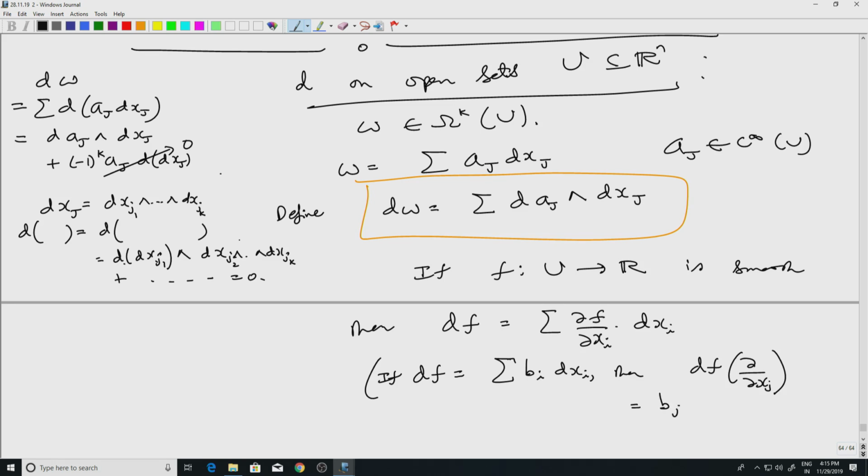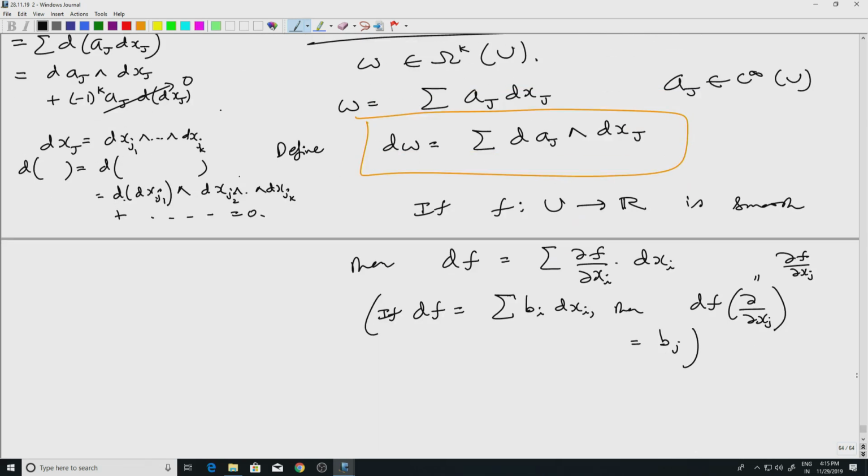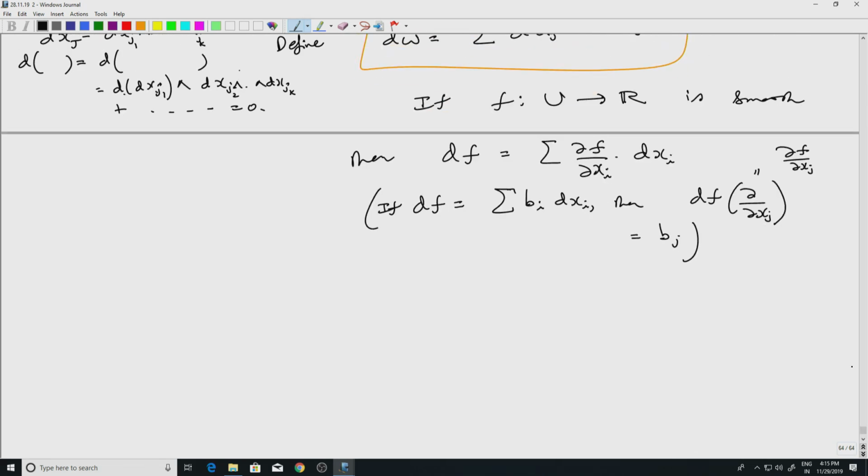All the other terms will be 0. But this is the same as del f by del xj. Right, so one gets this. Therefore one has this expansion. So all the coefficients are just partial derivatives.